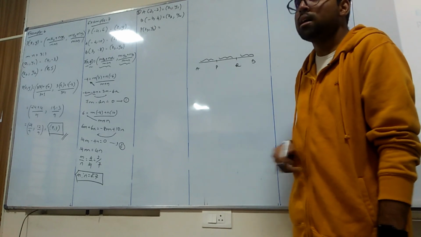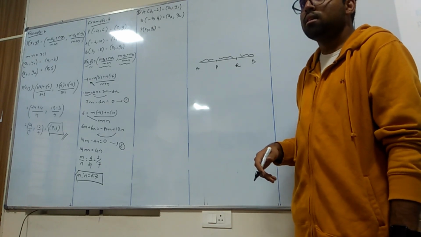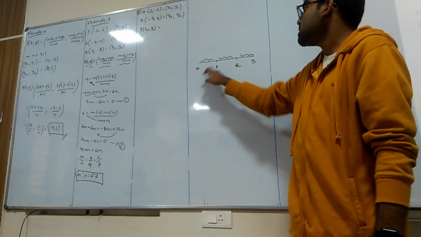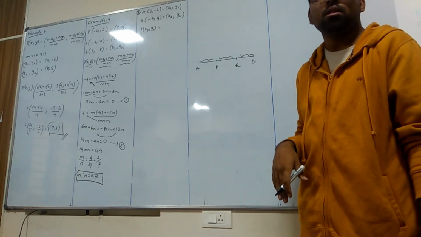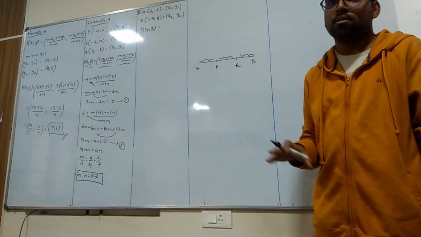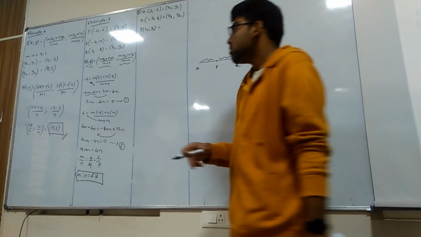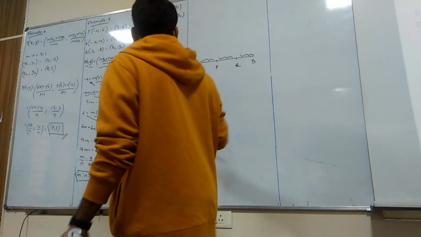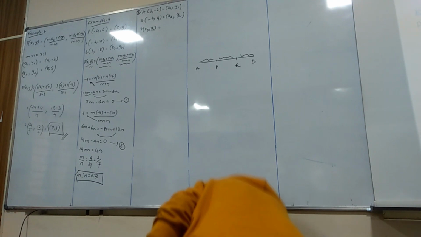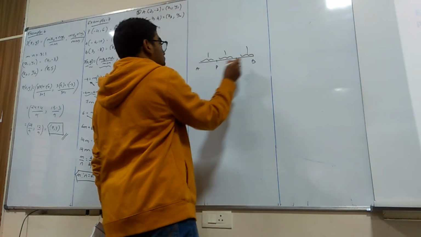The midpoint comes after section. First you have to find the section, then you can find the midpoint, or again you can use section itself. The ratio is 1:1:1.